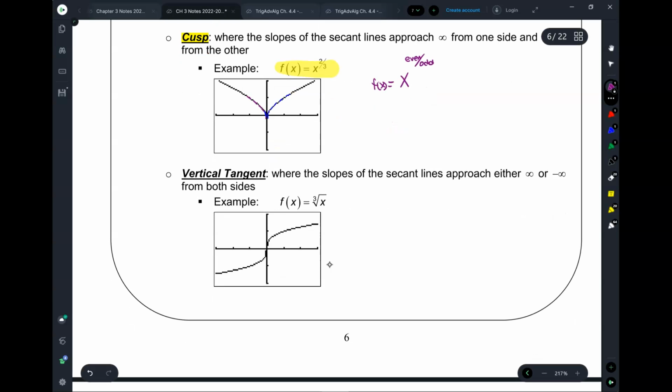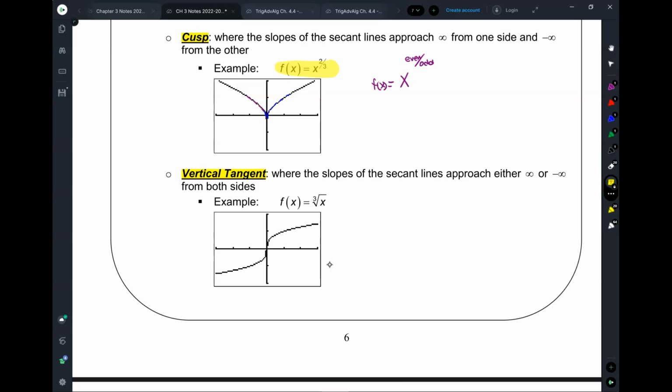Then you have a vertical tangent. A vertical tangent is when the graph actually becomes vertical for a point before it levels out again.